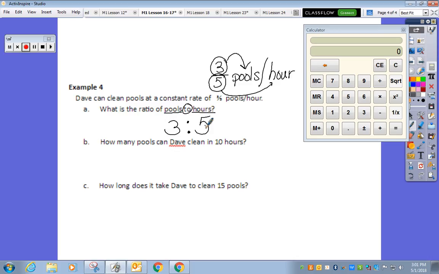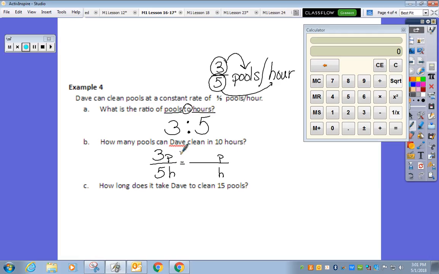It now asks me how many pools can Dave clean in 10 hours. So I'm going to take my ratio and write it as a fraction to use equal fractions. It's 3 pools in 5 hours. I'm trying to figure out how many pools in 10 hours.